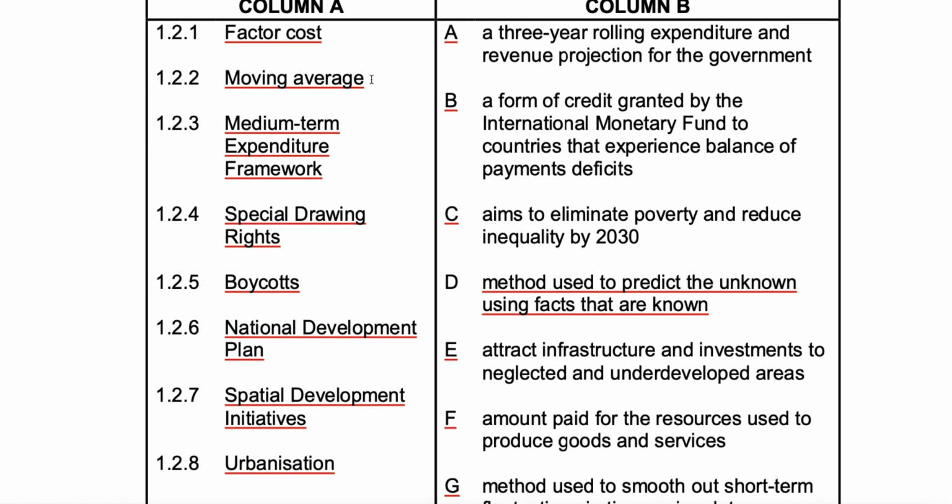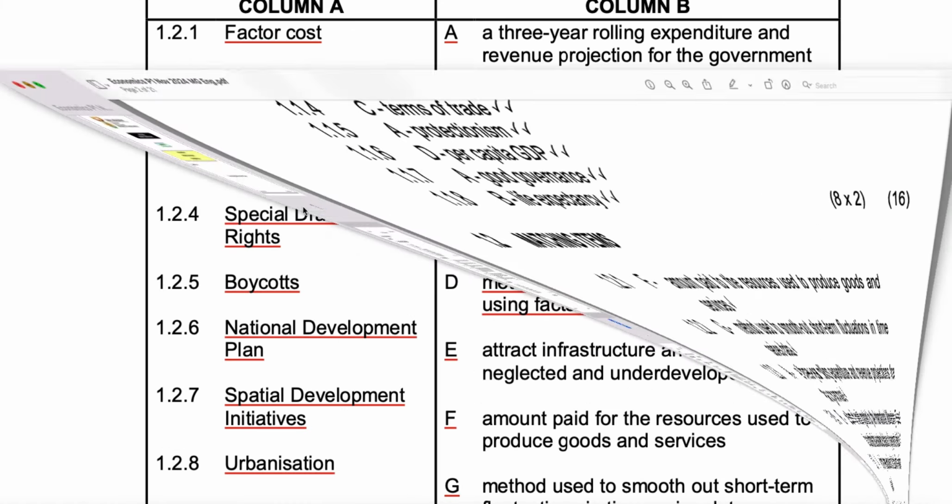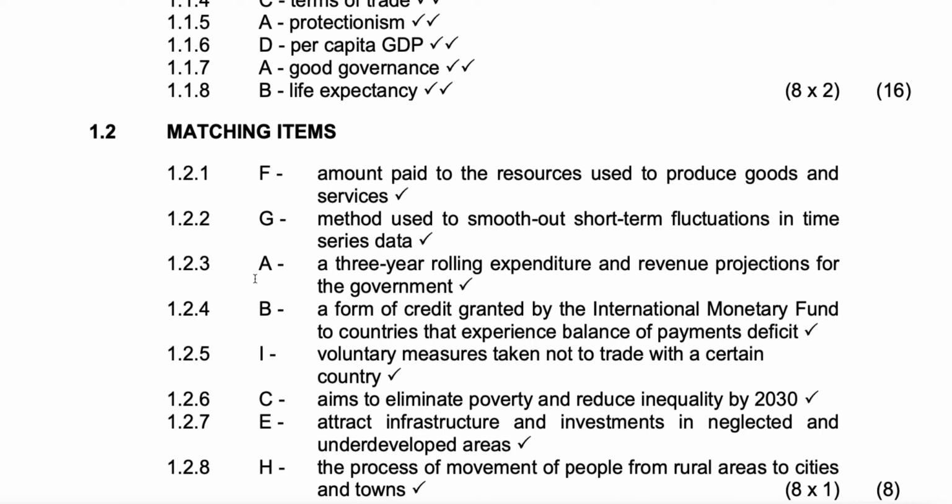I think I'm now confused. I don't have something to write with, but I'll come here just to confirm that we got it right. FGA. Okay, FGA. F. Yes. Amount paid for resources. Yes. G. Method. Yes. A. Yes. Okay. That's it. I had made a mistake.